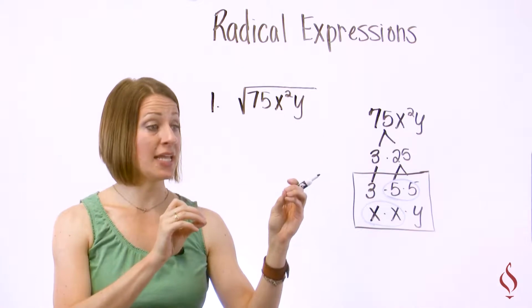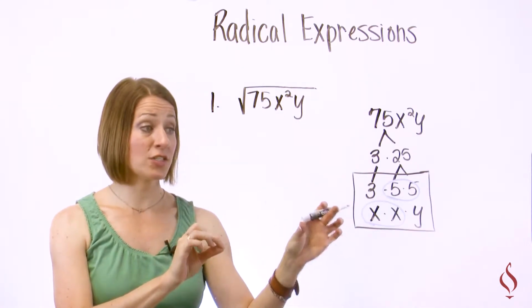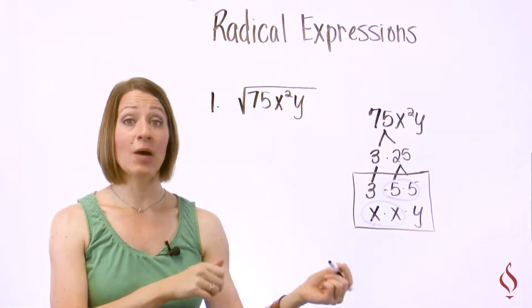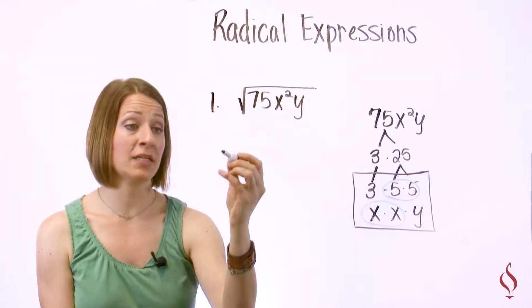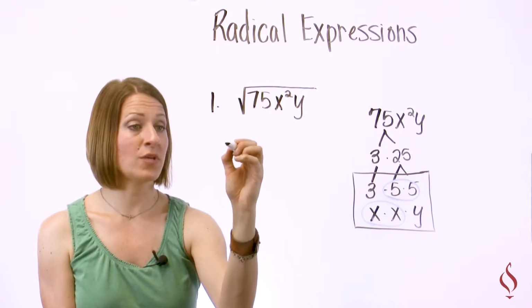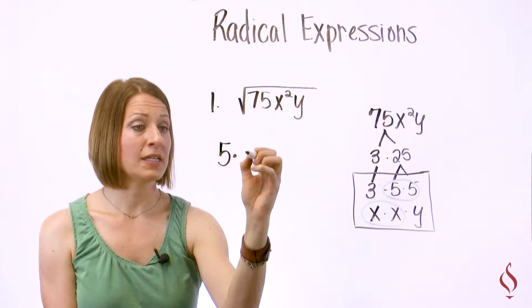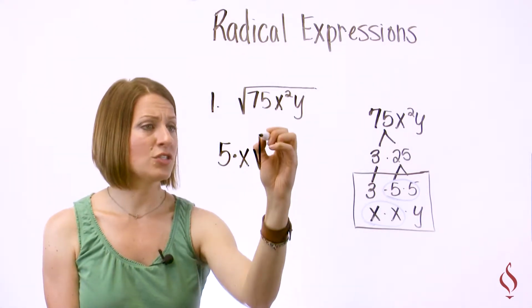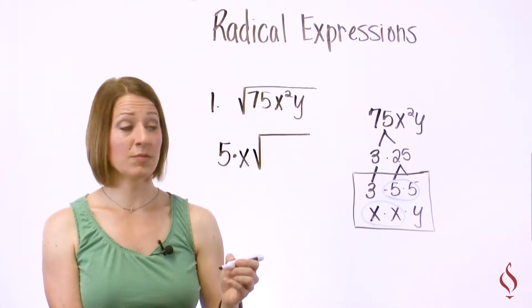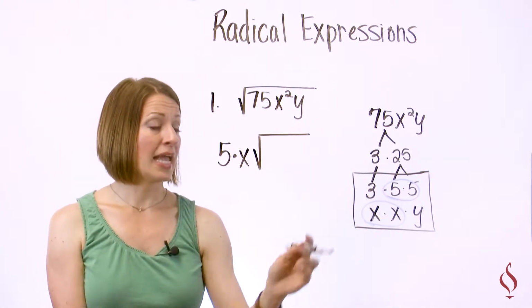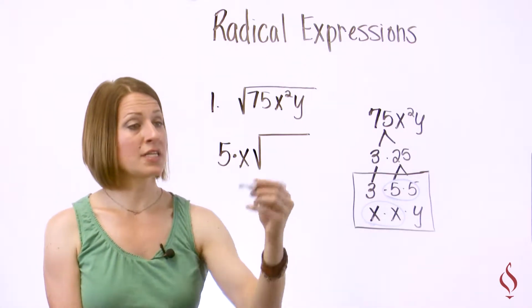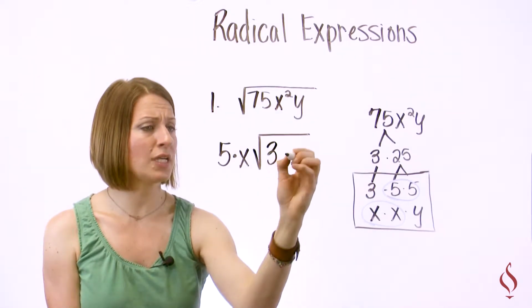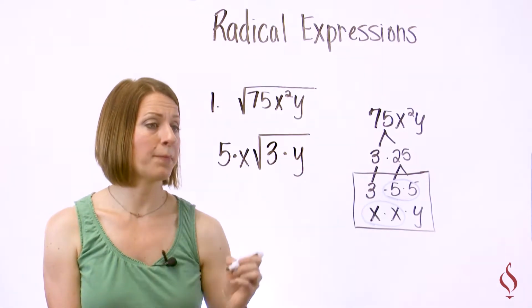Take the pairs and write those on the outside of the radical. So we had a 5 times x. Now draw back your radical symbol, and anything left over goes on the inside. So we had a 3 times y.